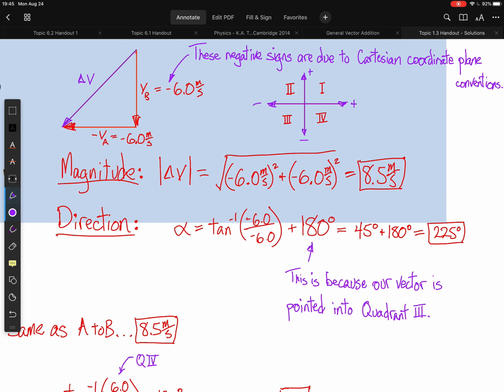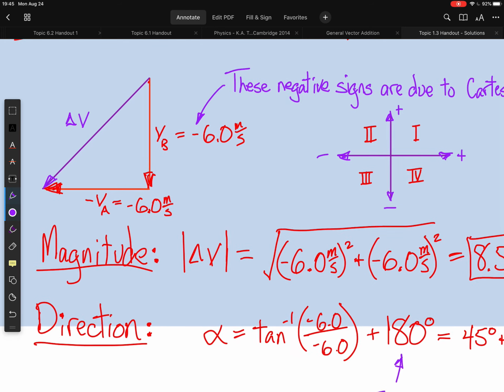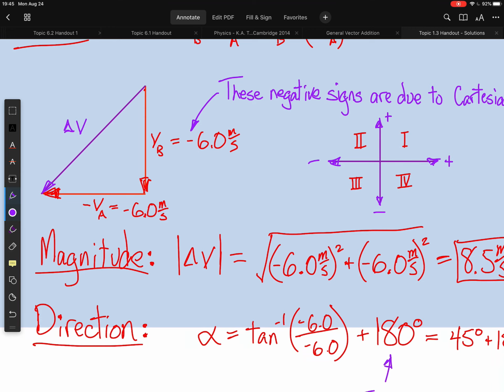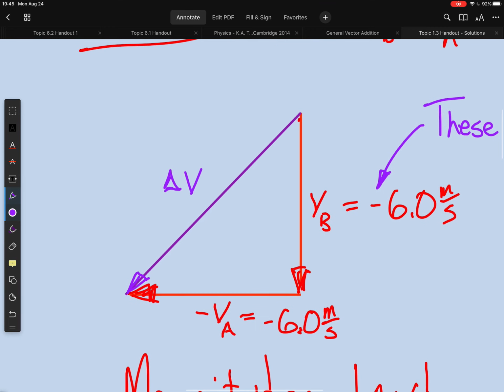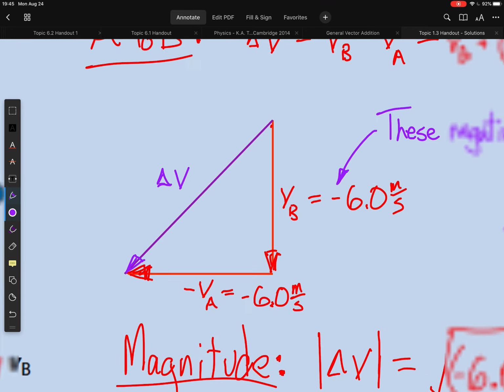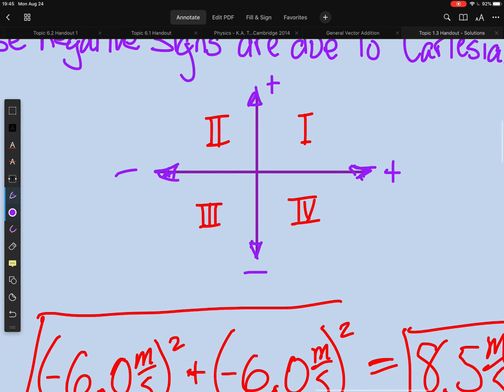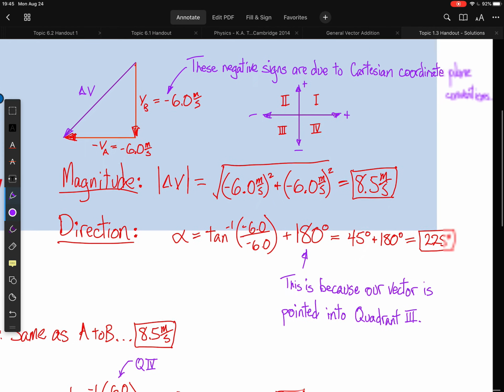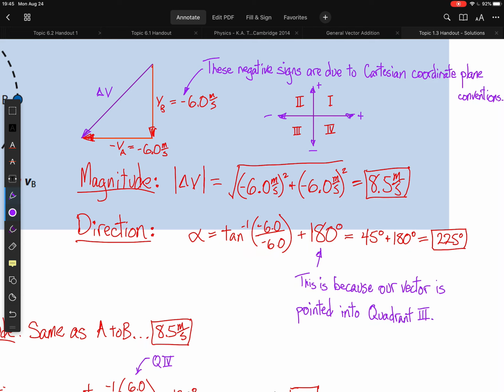This does require a little bit of thought, and it's one of those cases where having a diagram around is going to help a lot, because it's very obvious from this diagram that I am in my third quadrant, which should be mathematics review for all physics students in theory.